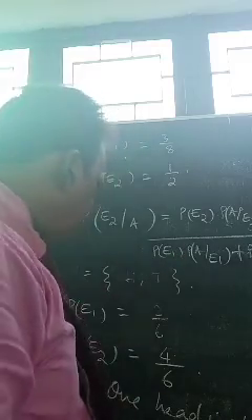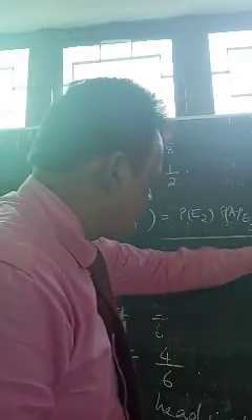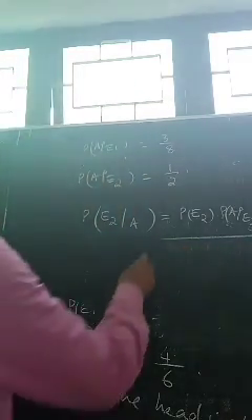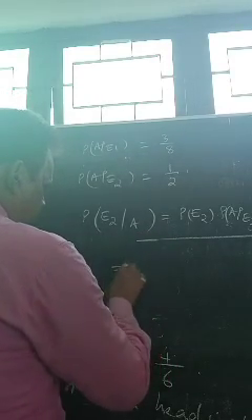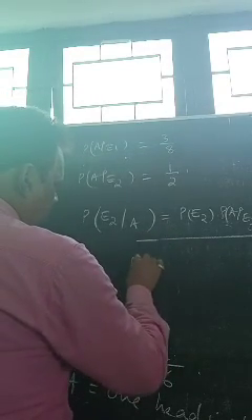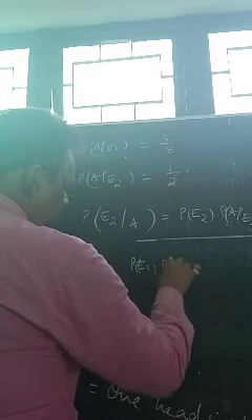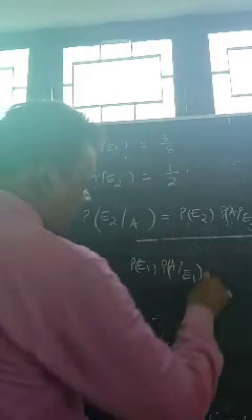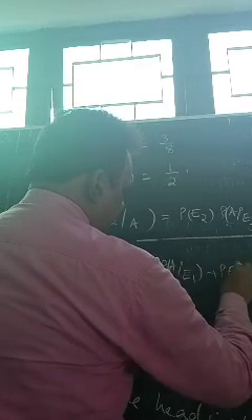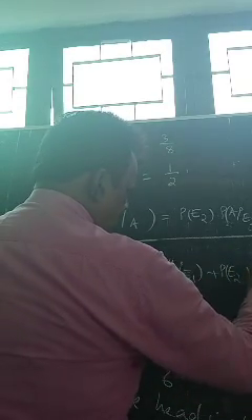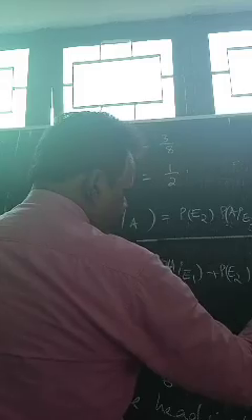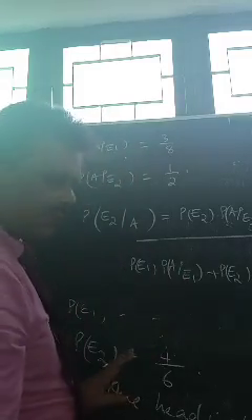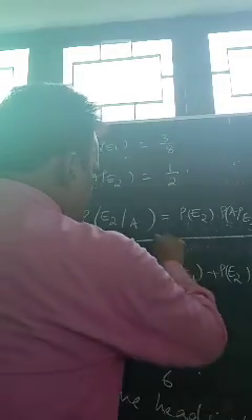I think this is not visible. I will try it again. E1, A of E1 plus E2, A of E2. Yeah, okay. Put the values.